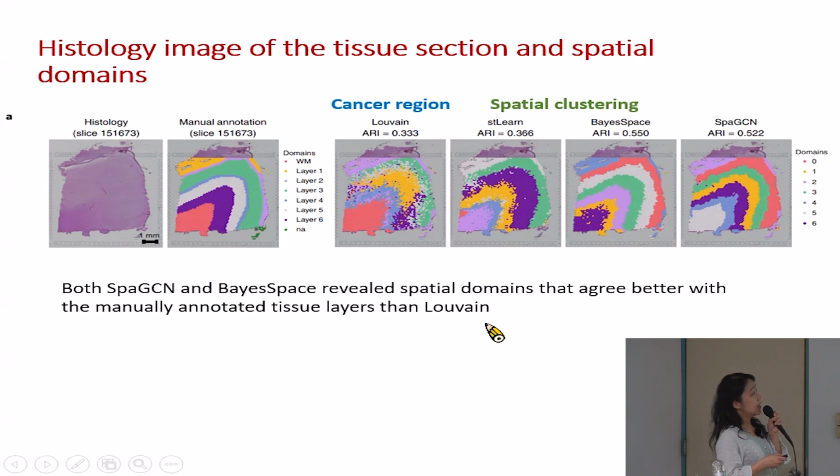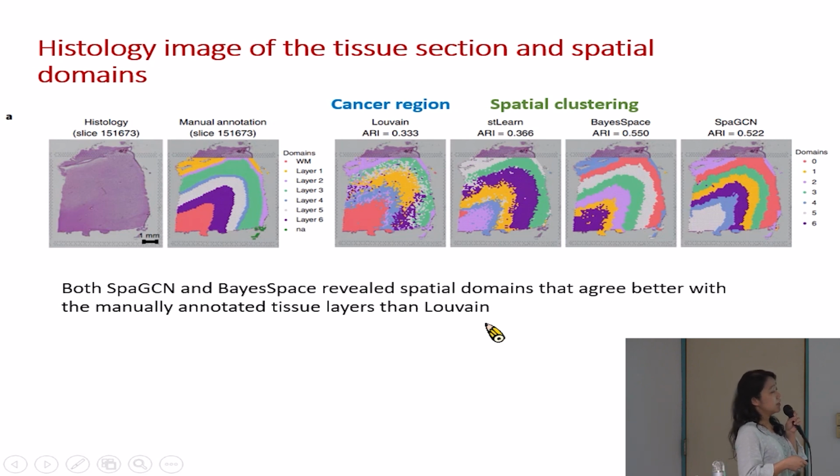And we can see that after the histology analysis, you cannot define what kind of tissue is in this histology area. After the manual annotation, which was conducted by a brain expert, they defined this area as several domains in this brain tissue.